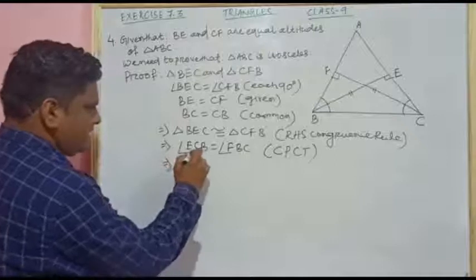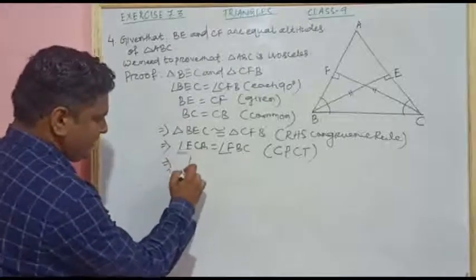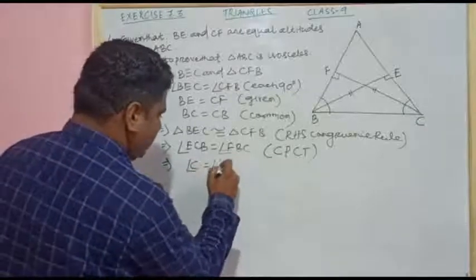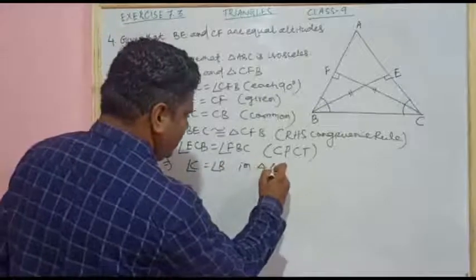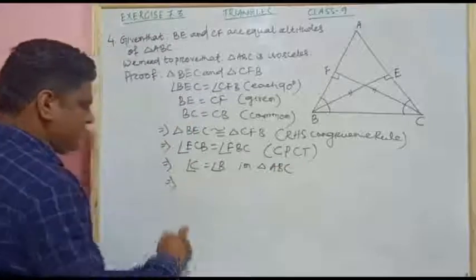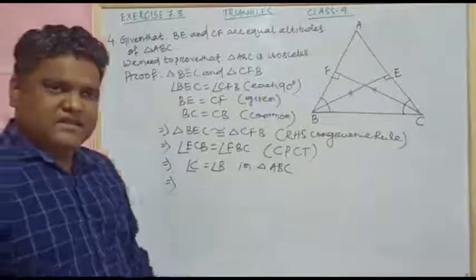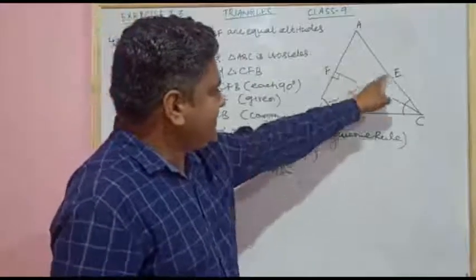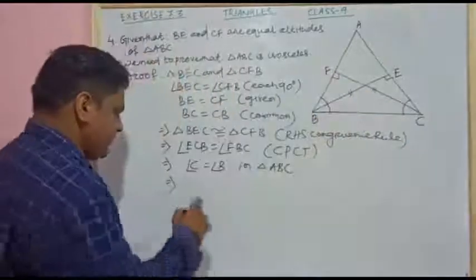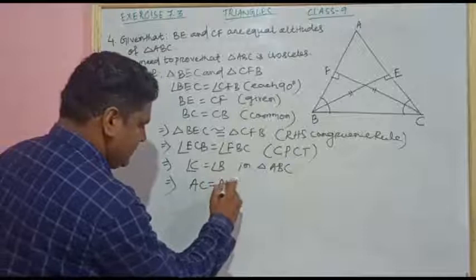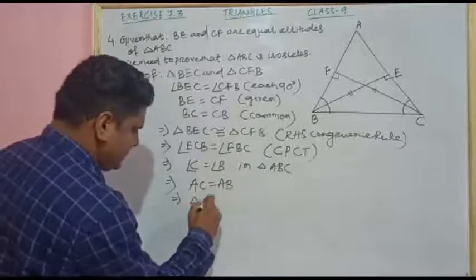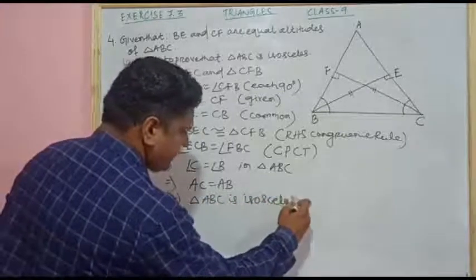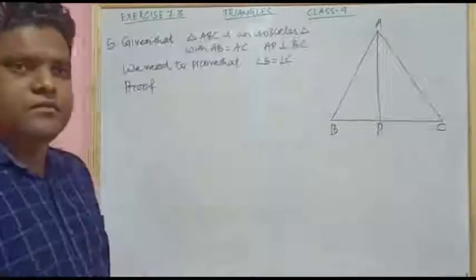This implies that angle ECB can be written as angle C in triangle ABC, and angle FBC can be written as angle B in triangle ABC. In triangle ABC, angle C is equal to angle B, means its opposite sides are also equal. Opposite side of angle B is AC, opposite side of angle C is AB. So we can write AC equal to AB, or this implies that triangle ABC is isosceles. Now our number 4 is proved.